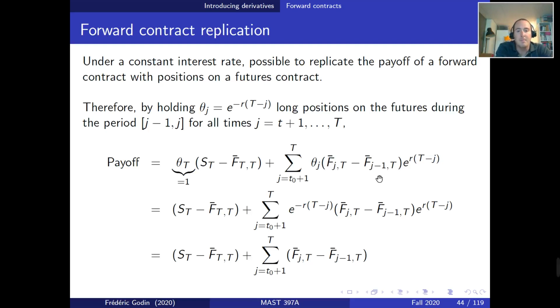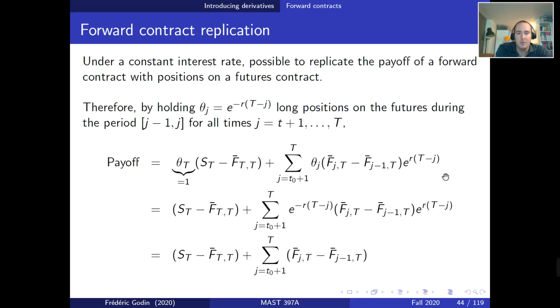And because this cash flow is received at time j, at time capital T this amount of money will accrue interest according to our deterministic rate. So we must multiply this amount by the exponential of r times T minus j, because this amount of money received at time small j, if we accrue it to time capital T, must be multiplied by this.